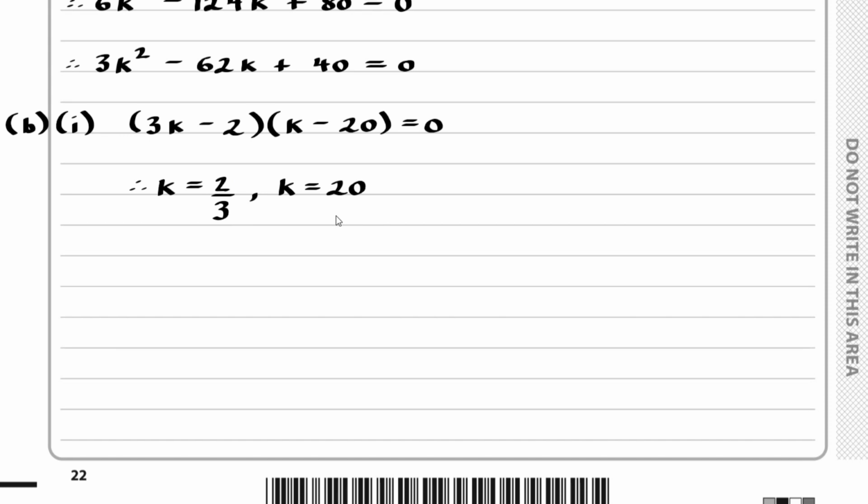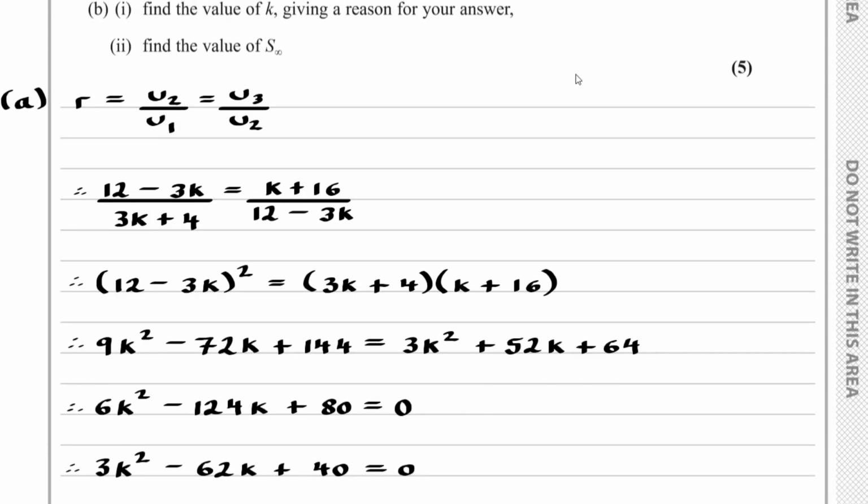And with these values of k, what we can do is find the value of r. We know that r is the same as 12 subtract 3k over 3k plus 4, and r is also equal to k plus 16 over 12 subtract 3k. So with our values of k, we can find the values of r.